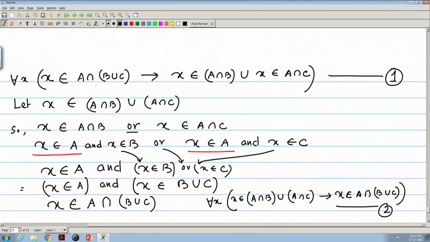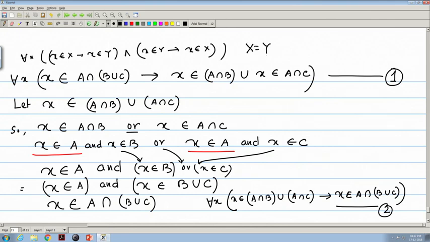Since for all x, x belongs to A union B union C implies x belongs to capital X implies x belongs to capital Y, and x belongs to capital Y implies x belongs to capital X for all x, this is nothing but X equal to Y. So from 1 and 2 we can infer that capital X is A intersection B union C, and capital Y is A intersection B union A intersection C. So it is proved.